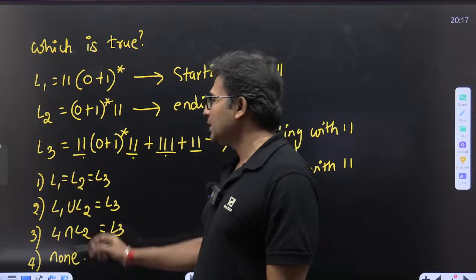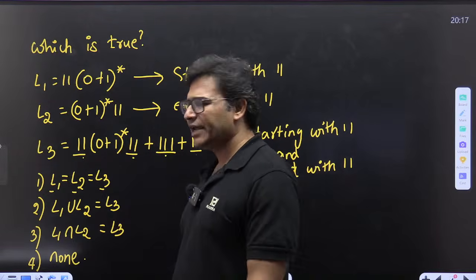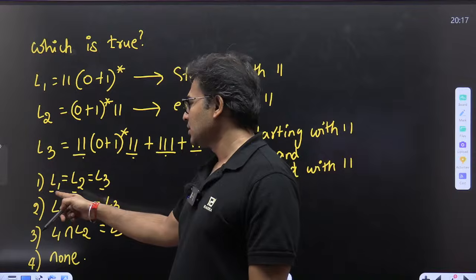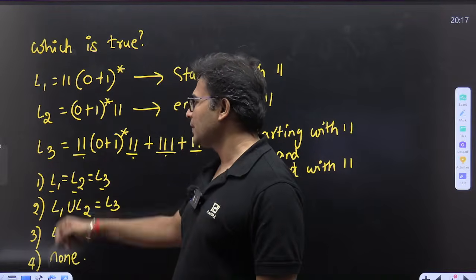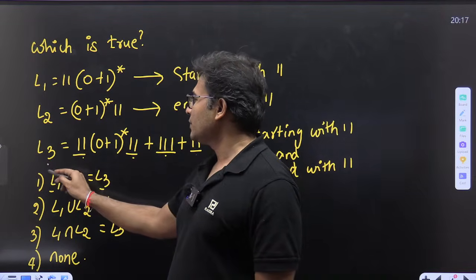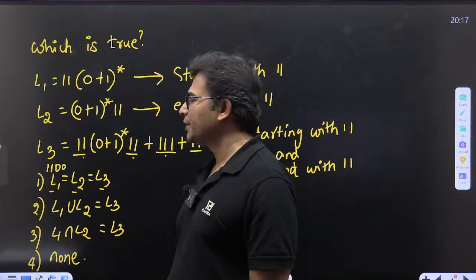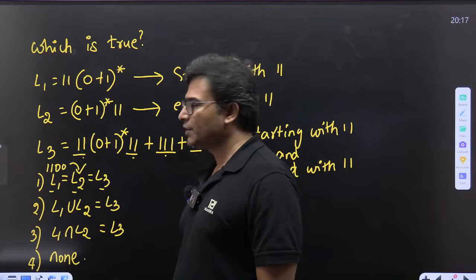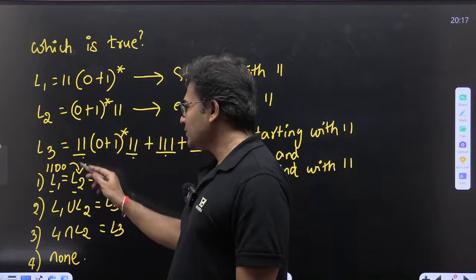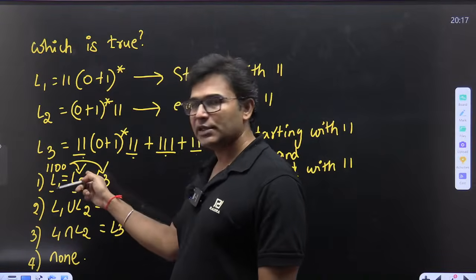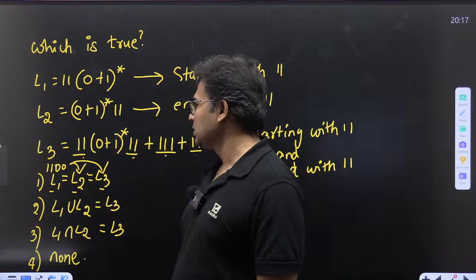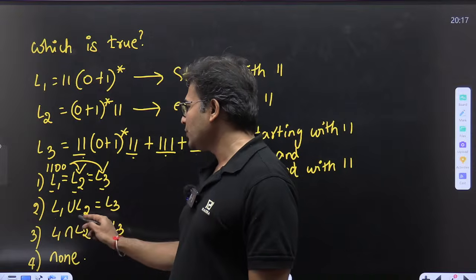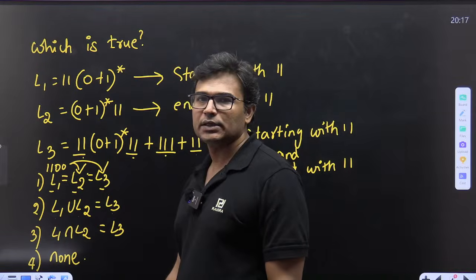So definitely L1, L2, L3 are not the same, because I will show you some strings which will be in L1. See, in L1, 1100 will be there, but this string will not be in L2 because it has to end with 11, and this string will not be in L3 because it has to start and end with 11. So simple. Now L1 union L2 equal to L3.